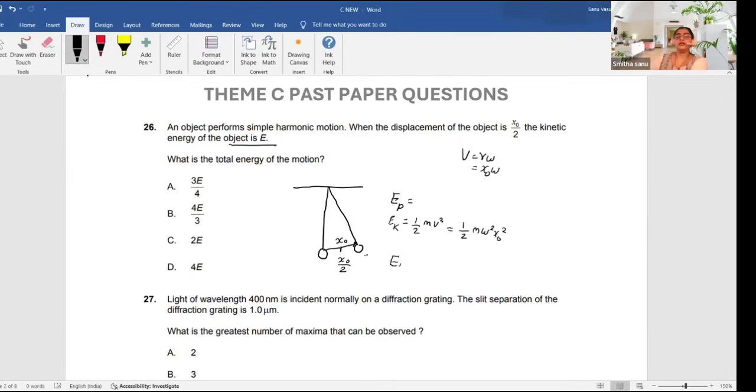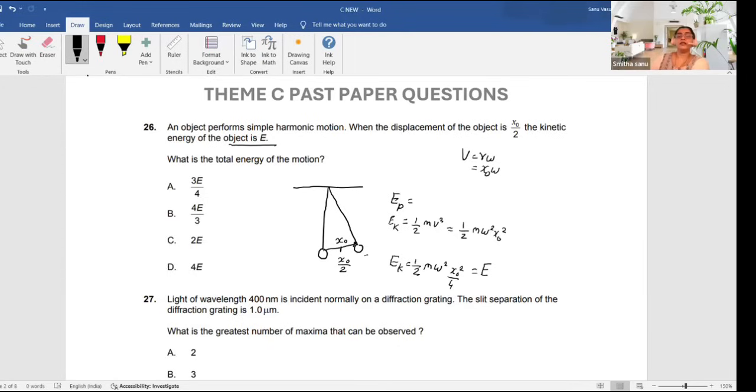Kinetic energy, which was initially half m omega square x0 square, will now become half m omega square x0 square by 4. And this value of kinetic energy is given as E in the question.